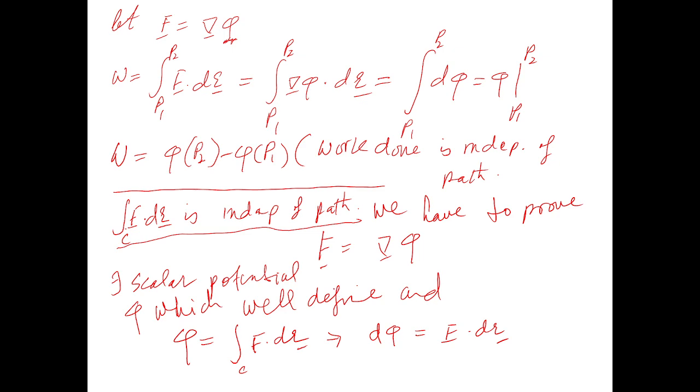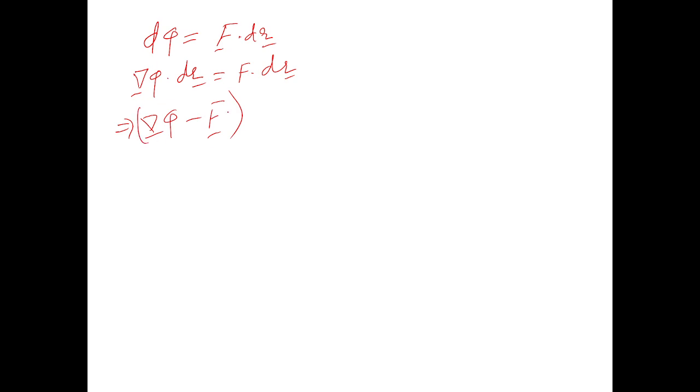So from here we come to the conclusion that d phi is in fact F dot dr. But we know that this d phi is gradient of phi dot dr. So this implies that gradient of phi minus F dot dr is equal to 0.